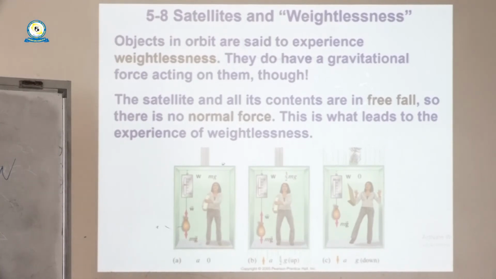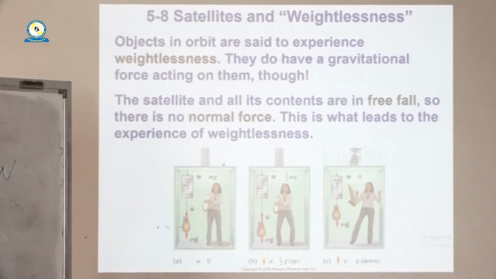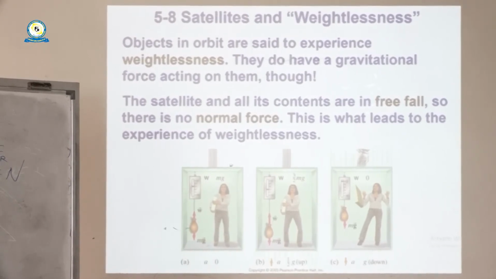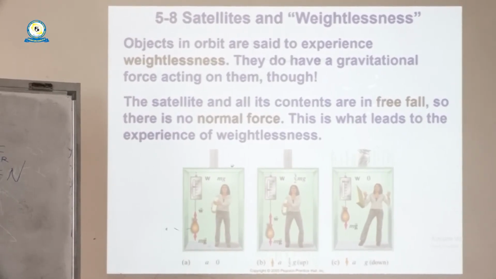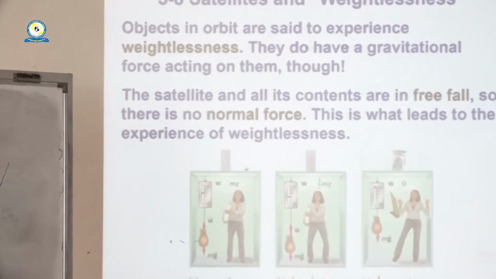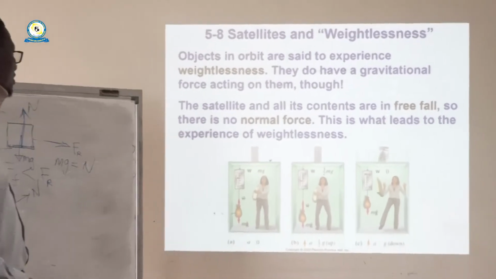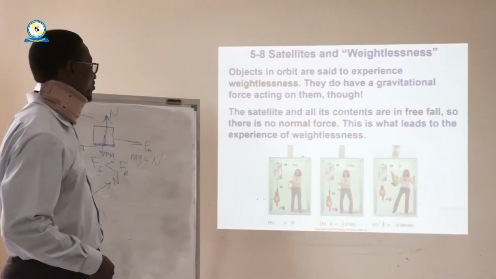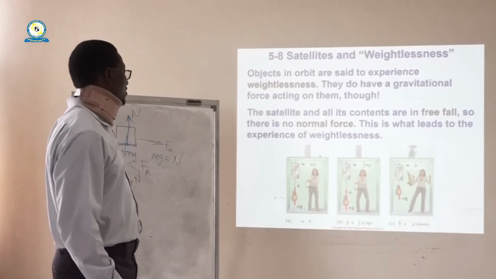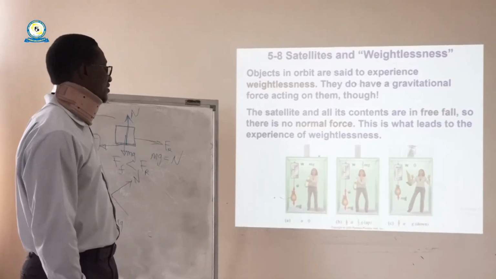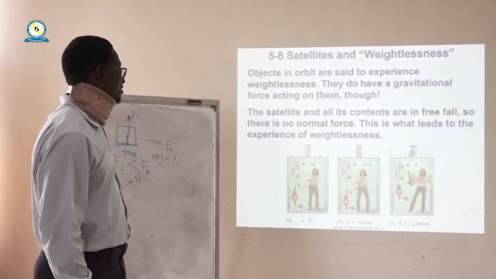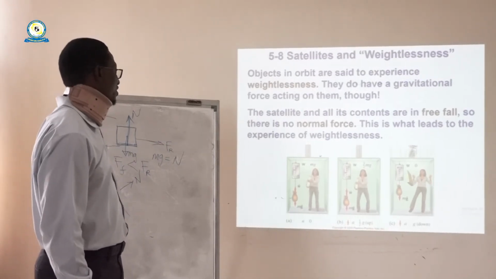Objects in orbit are said to experience weightlessness. They do have gravitational force acting on them, though. The satellite and all its contents are in free fall, so there is no normal force. No normal force means experiencing weightlessness. This is what leads to the experience of weightlessness.